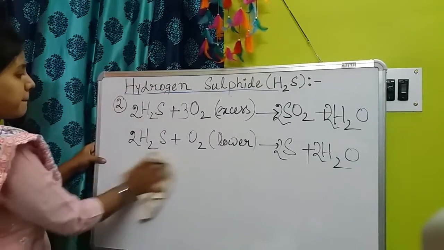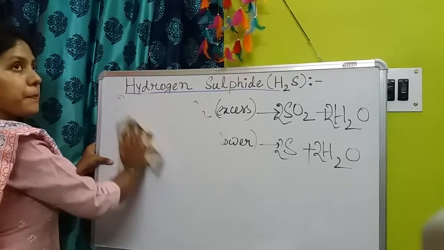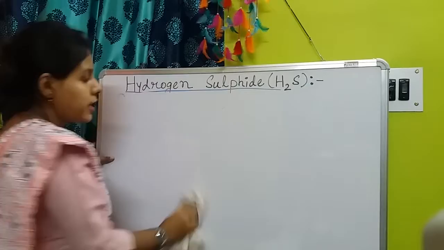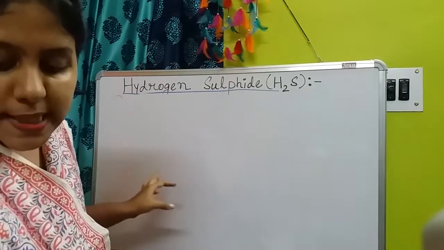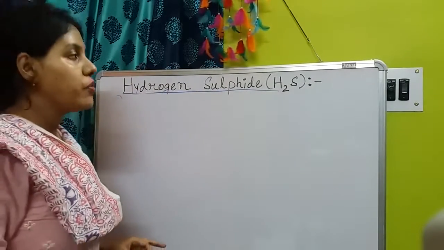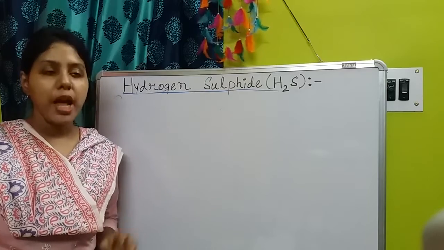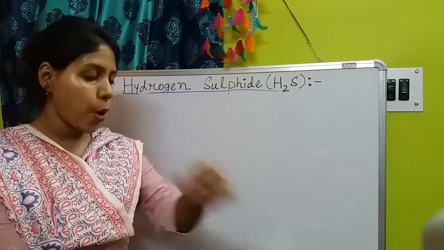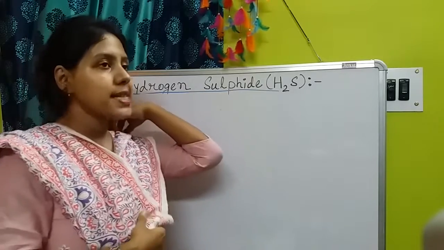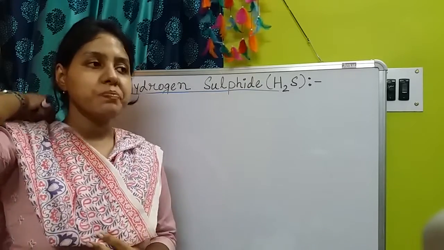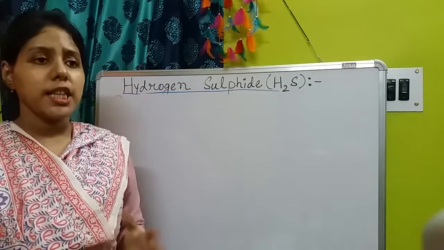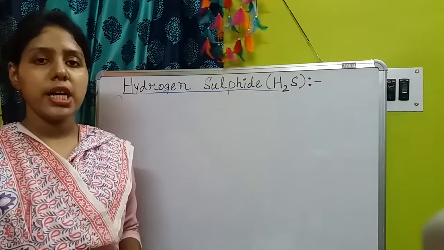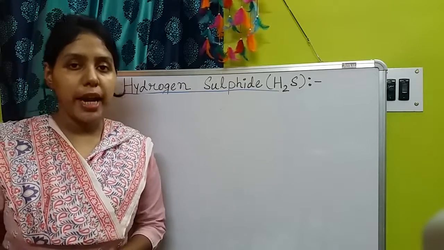So next, number 3 is precipitation reaction involving hydrogen sulfide. Hydrogen sulfide has a unique property to precipitate the salts of metals like copper, zinc and lead.